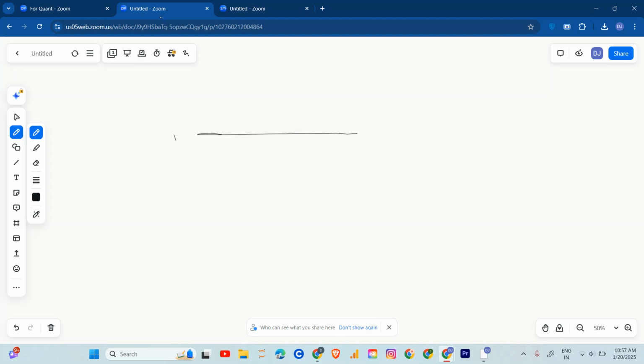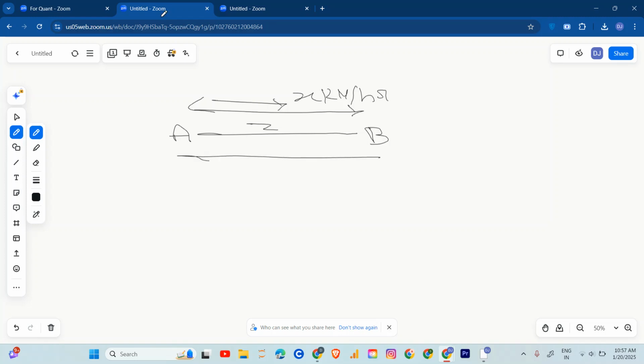So a car is going from A to B, and let's suppose the distance between these two points is z, and it is going with a speed x kilometer per hour from A to B and coming back the same distance with y kilometer per hour.